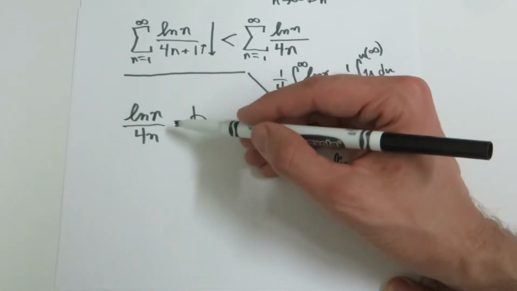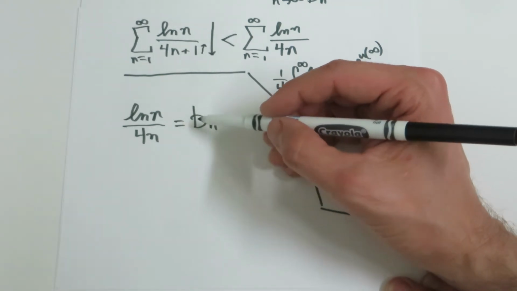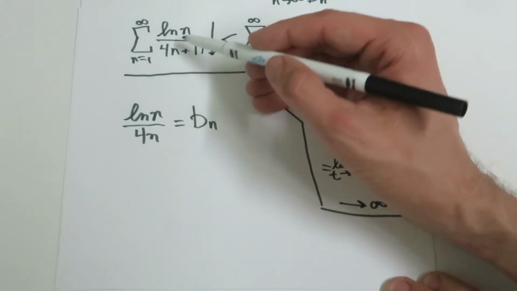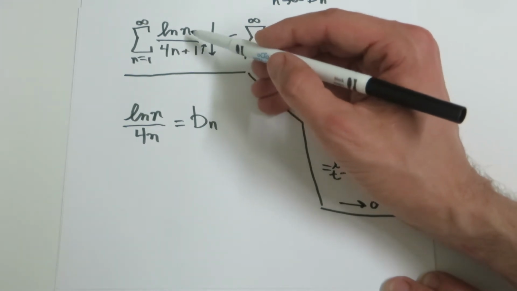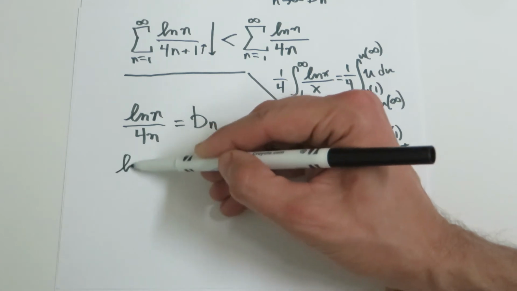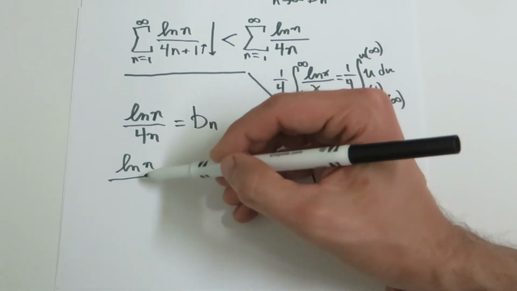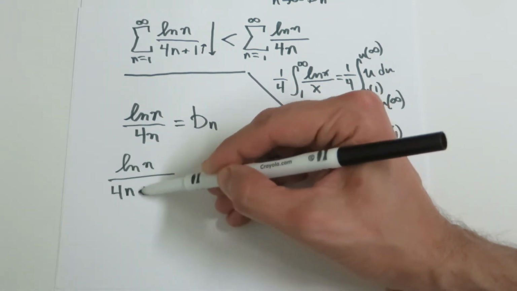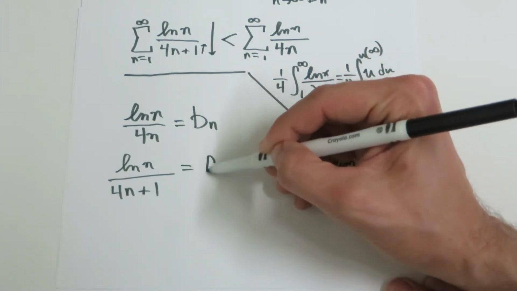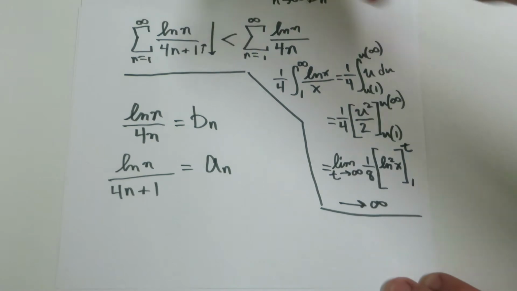This is our known series. We know that this diverges as a series. And let's let our a sub n equal this sequence here, ln of n over 4n plus 1.